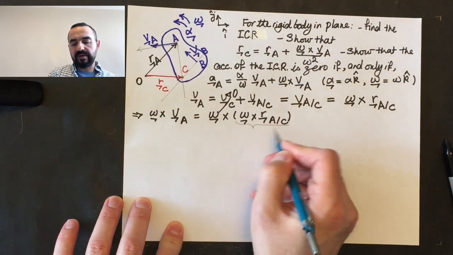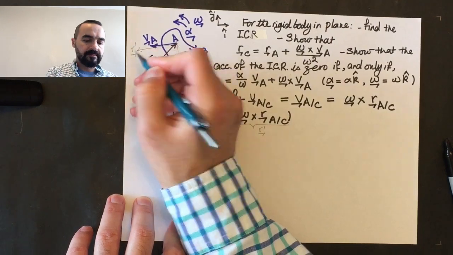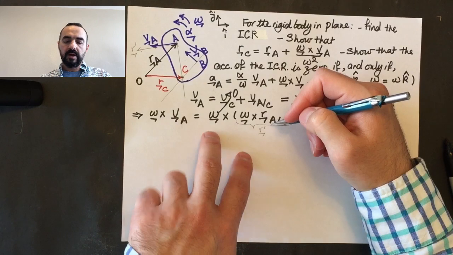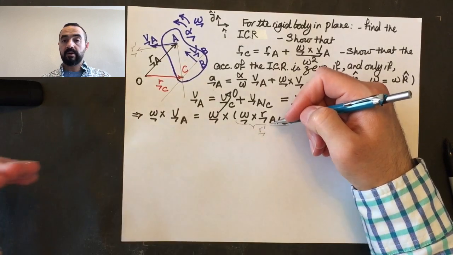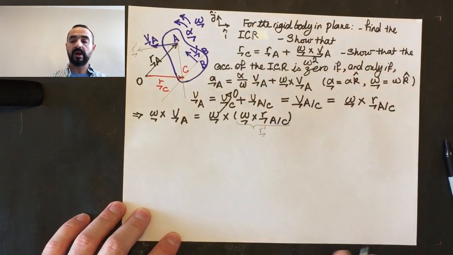And let's call this R prime, some vector. We can call it anything. Now we want to cross multiply omega by that. Again, omega points out of the plane.